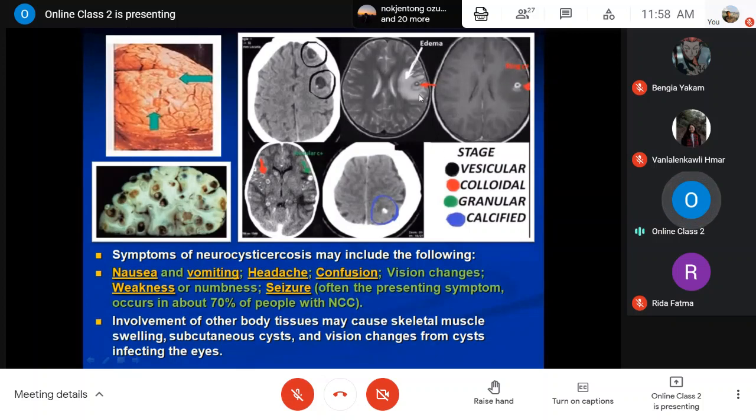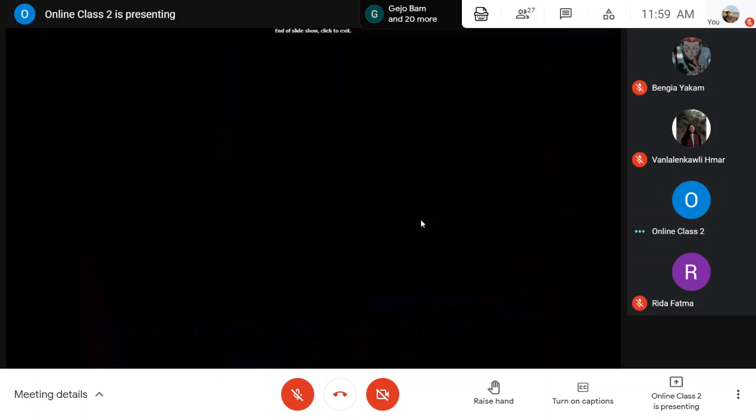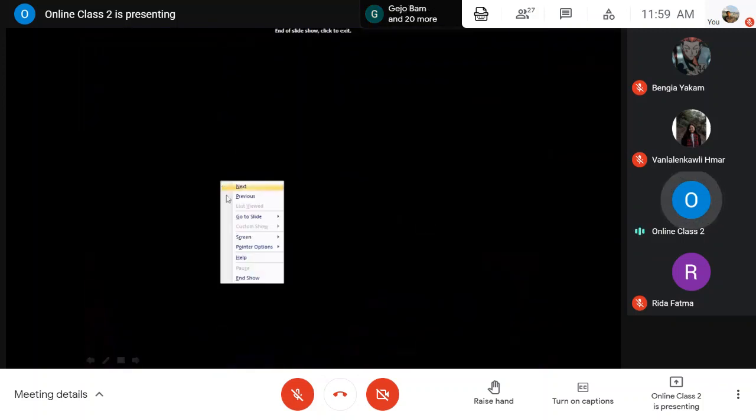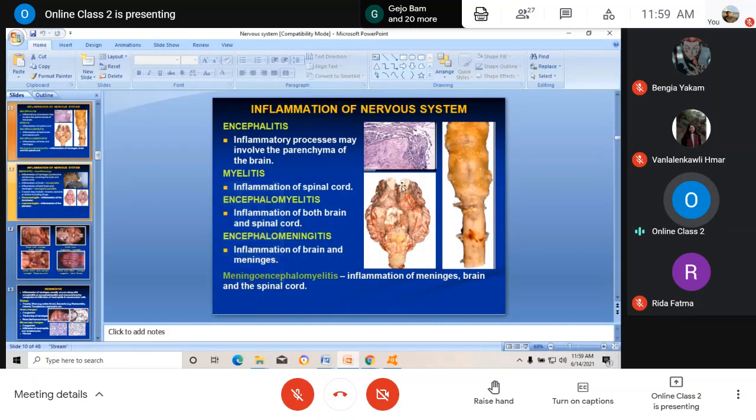And if you undergo CT scan and MRI, you will notice they demonstrate the locations where there is edematous swelling with presence of cysts inside the brain. Okay, or calcified regions and all. Okay, so that's all about the central nervous system, pathology of the central nervous system, right?